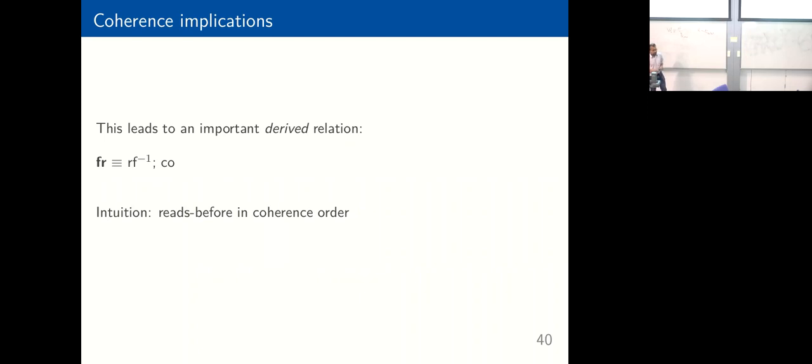Okay, and I might have a minute. If there's an RF relation like that, meaning that load read from exactly that store, remember it's functioning in that direction, then anything coherence-after it is in the FR relation from that load.